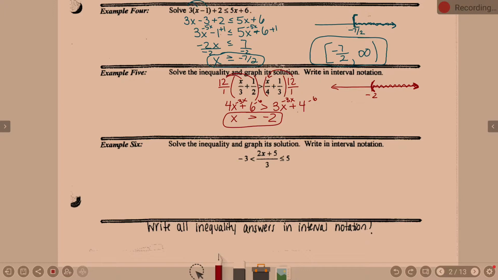And I didn't put on other numbers. Technically, you should have a few other numbers there. Interval notation. Where does my shaded interval begin? Negative 2 with a parenthesis. Where does my shaded interval end? Infinity, which always has parentheses.